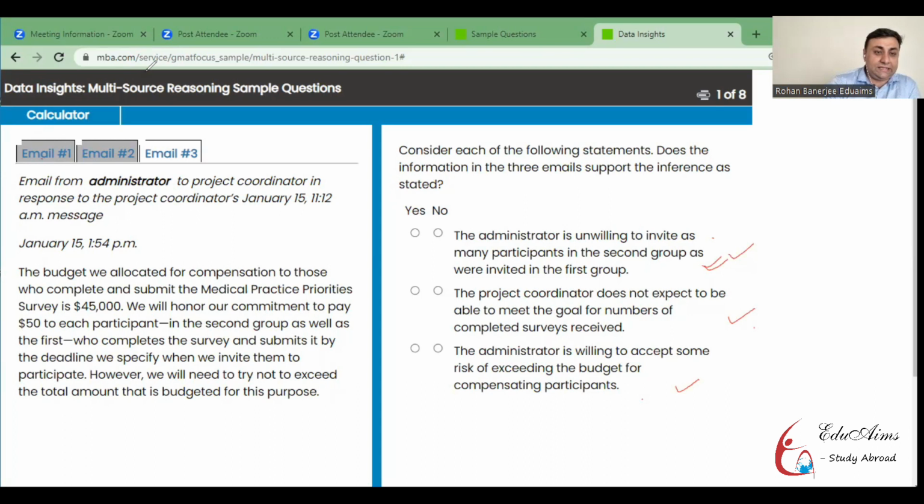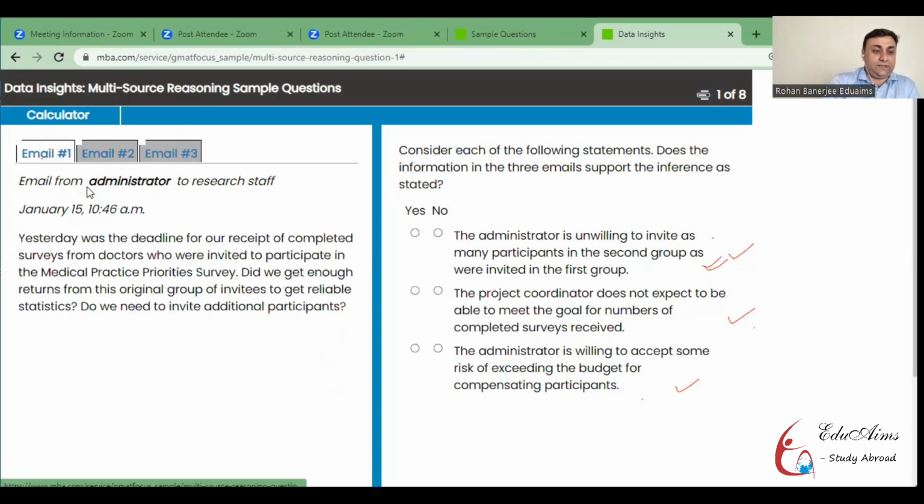Let's read this question and see what is written. This is the email from the administrator to the research staff. What does it say? Yesterday was the deadline for our receipt of completed surveys from doctors who were invited to participate in the medical practice priority survey.